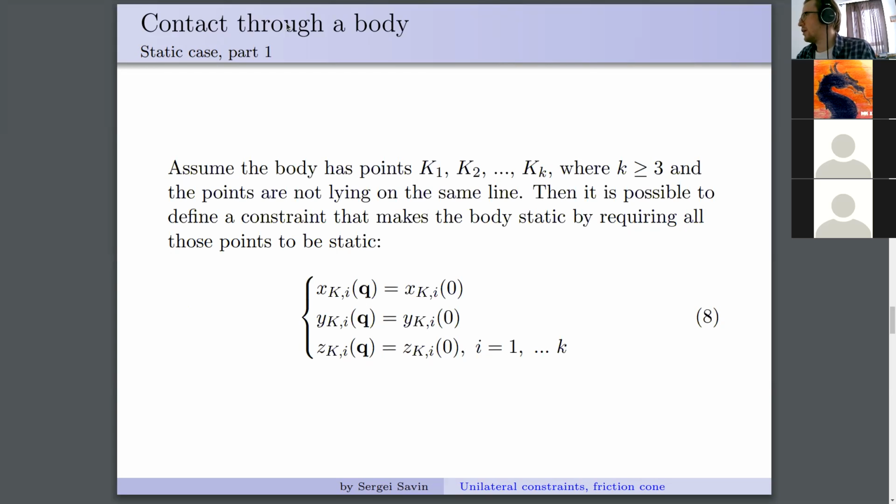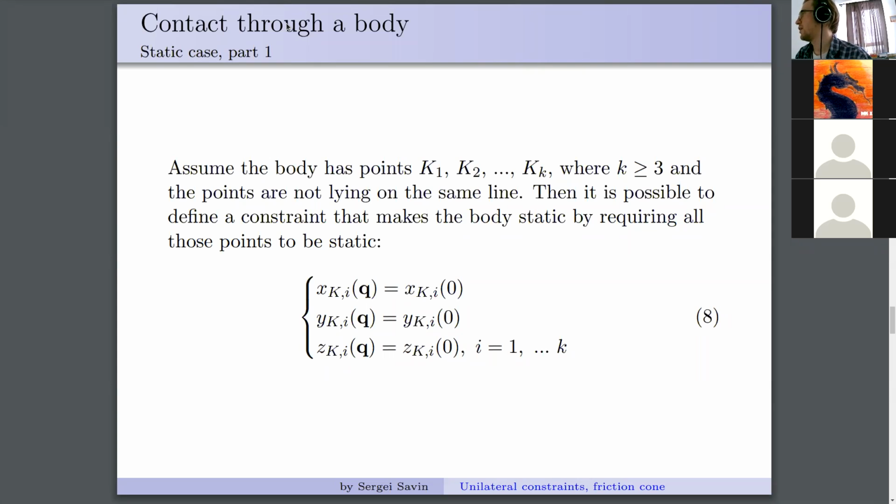So you can make the body static just by defining expression number 8. Just expression number 8 will define the body to be static. You don't have to go into Euler angles for that.